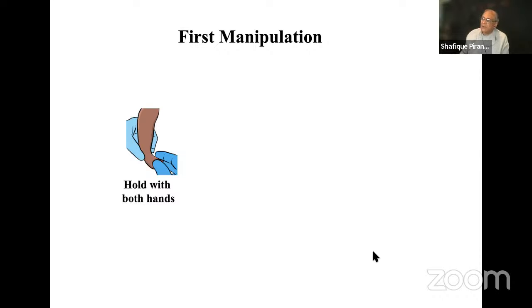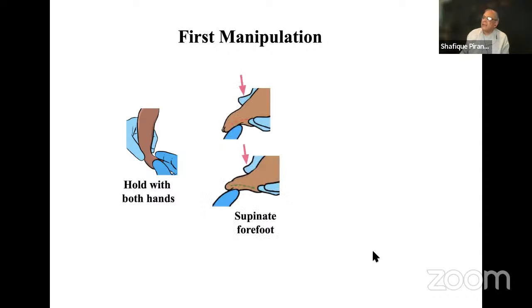The thumb is on the dorsal aspect of the first, second web space. The index finger is on the medial side of the first ray, and the long finger is underneath the first ray. That's the position that I suggest to everybody as to how to hold the foot. That's an important thing to teach and to understand. Now, how do you supinate the foot?